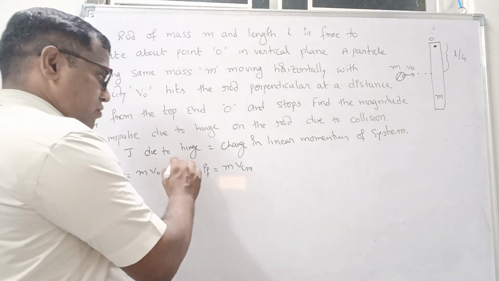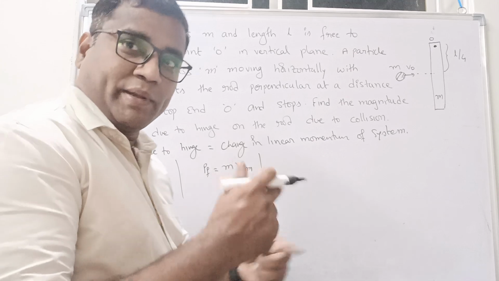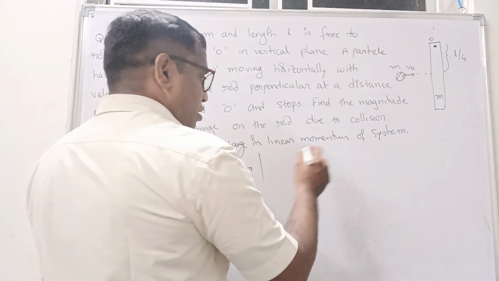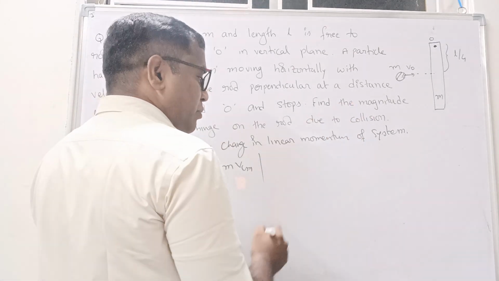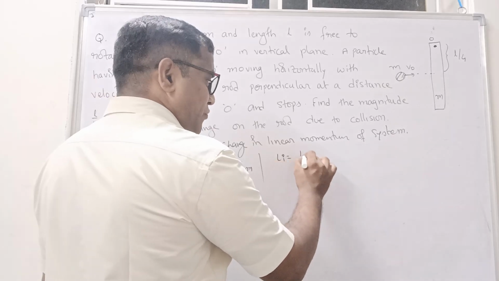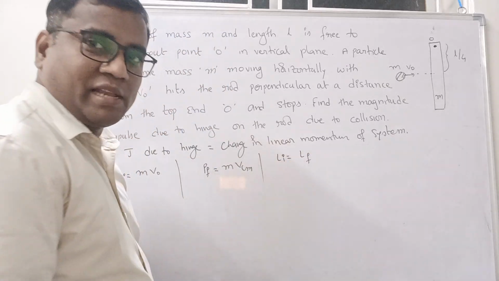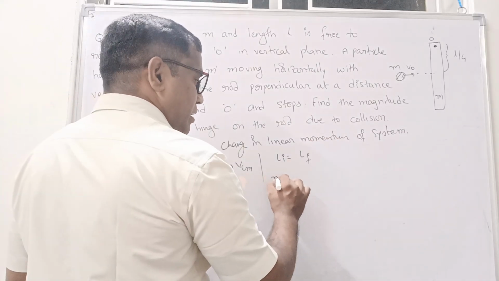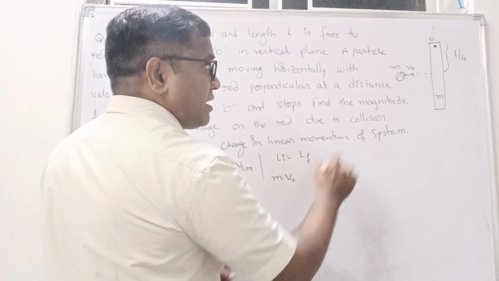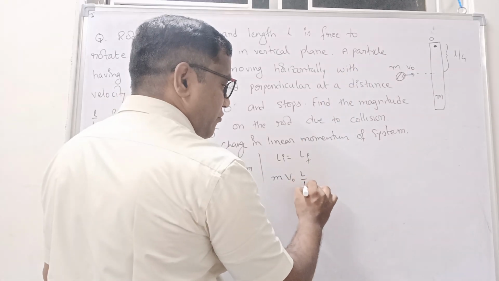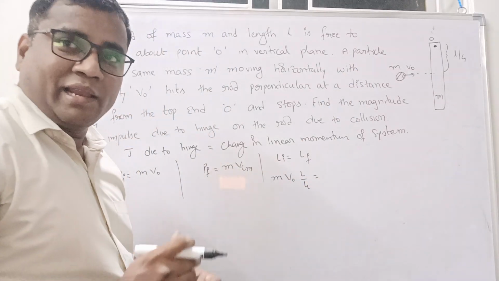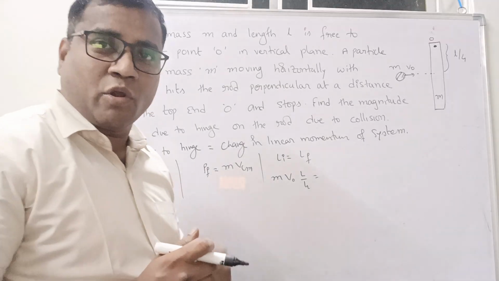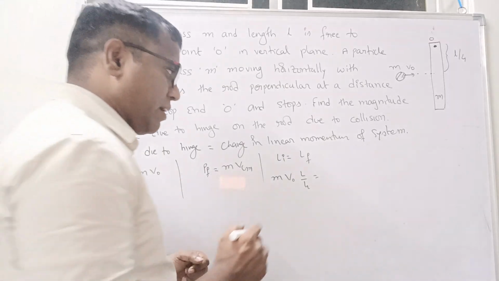Further, one more point: angular momentum. According to conservation of angular momentum, initial angular momentum is equal to final angular momentum. Initial angular momentum is m v0 into r, where r is the perpendicular distance L by 4. This equals the final angular momentum, the angular momentum of the rod, which is I omega.